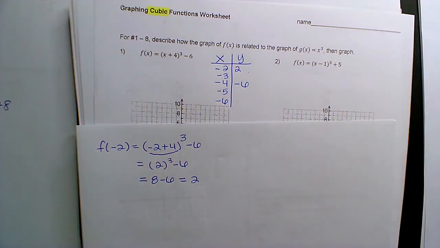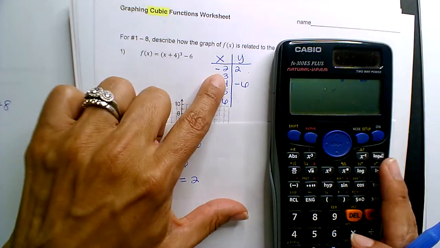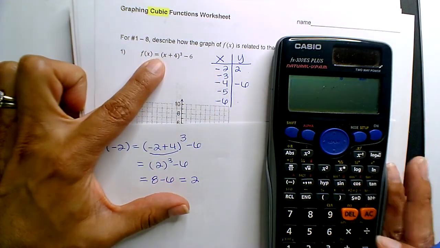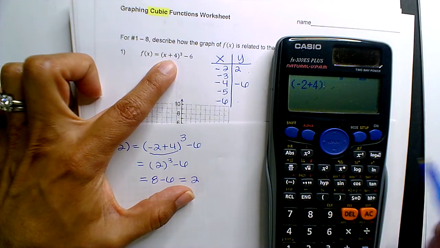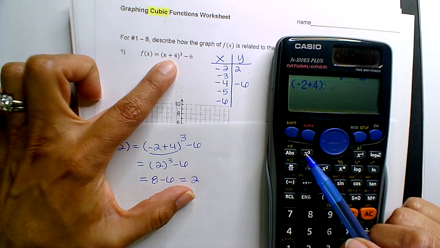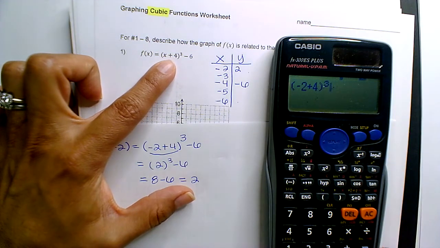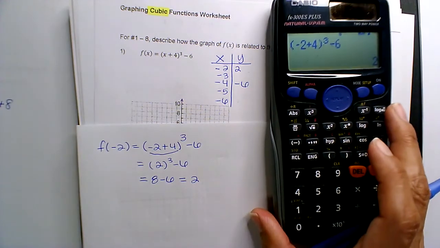Now remember, if you want to use a calculator, what you see is what you type. So if you want to substitute -2, oh, and here's the cubic button. It's next to the absolute value button. So there's a cube. Click it. -6. And there's my 2.